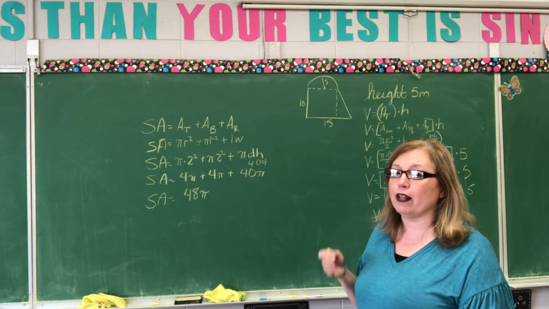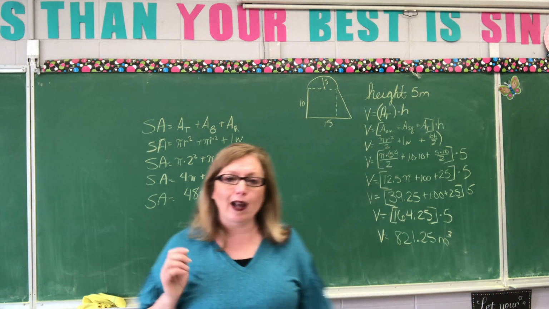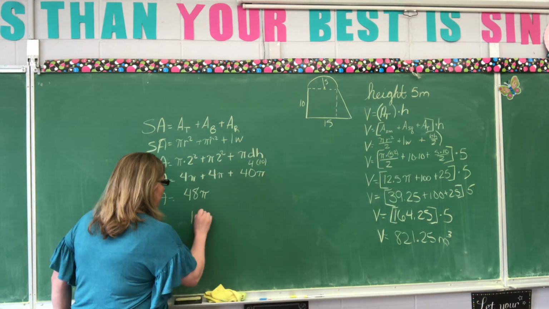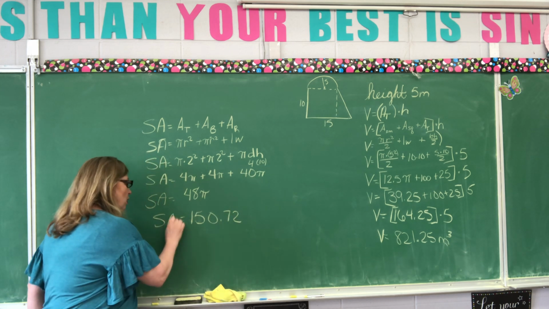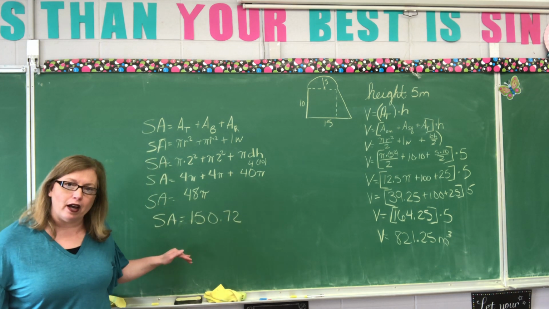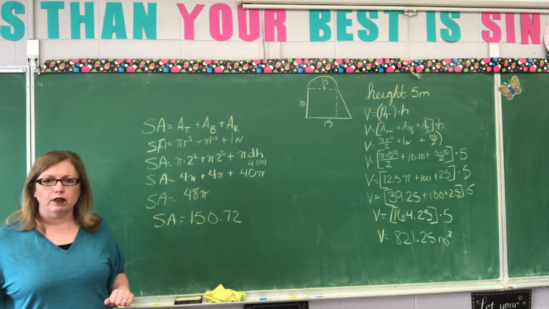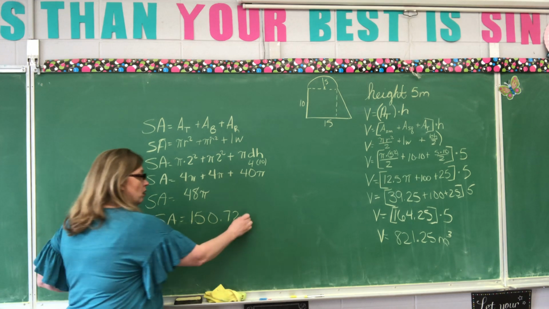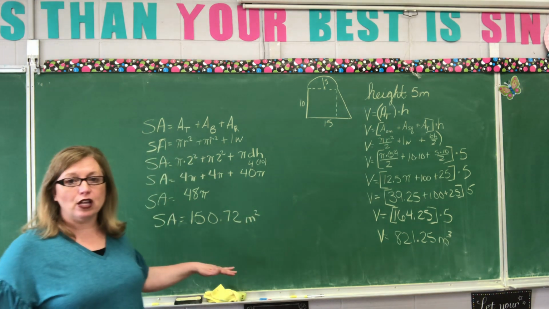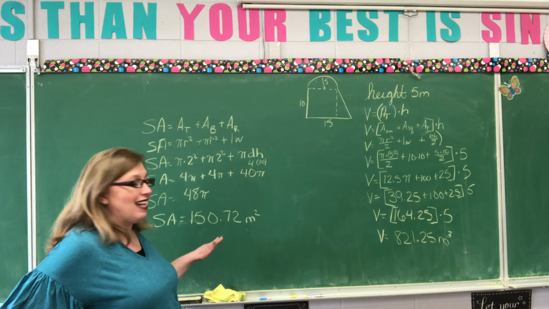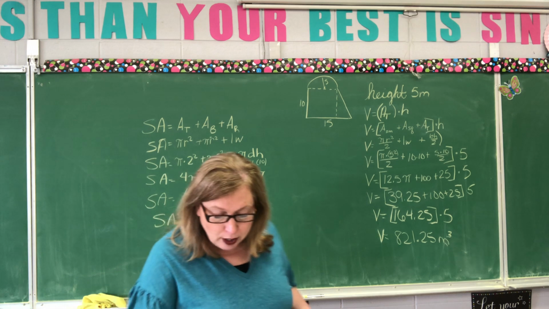When I multiply 3.14 times 48, I get 150.72. Now, this is surface area. It's in meters. What kind of label do I have? I have meters squared. So the surface area of this cylinder was 150.72 meters squared.